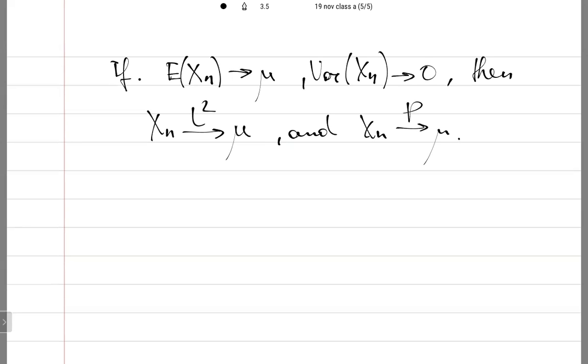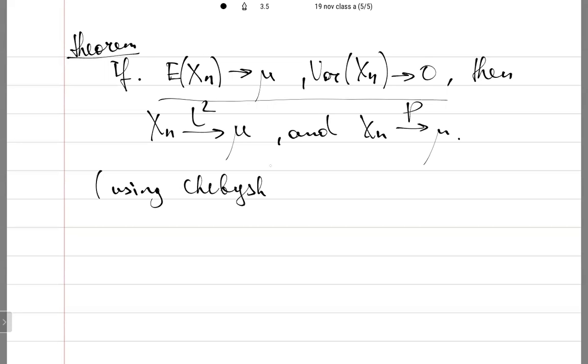When these conditions are satisfied, xn converges to mu in L2 and in probability. Basically, it's an application of the Chebyshev inequality. I will not provide the proof, but you may try.